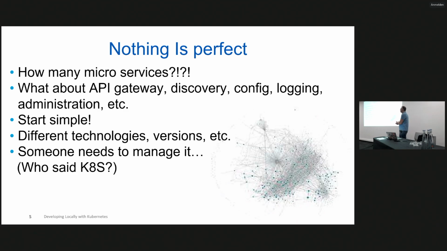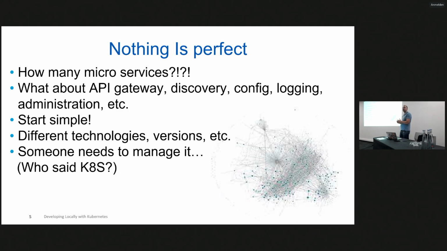And even for a first microservice, you still need to have a lot of supporting services, right? The API gateway, you have to discover your services somehow. You have to have a central configuration, right? You don't want to pass config files through hundreds of services.